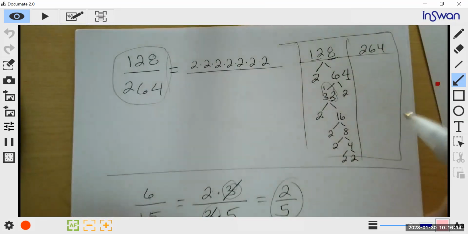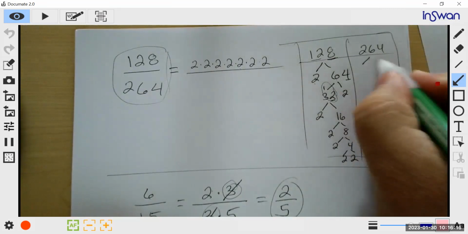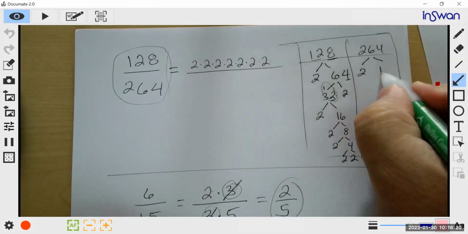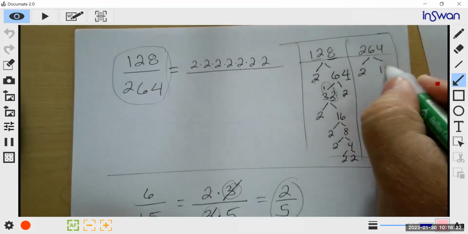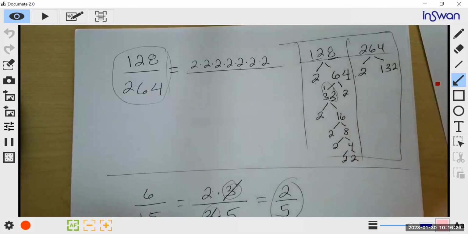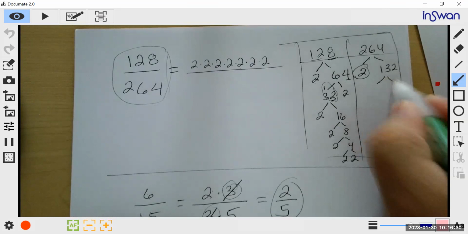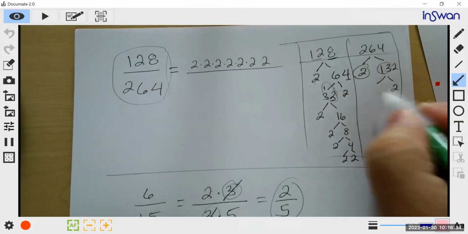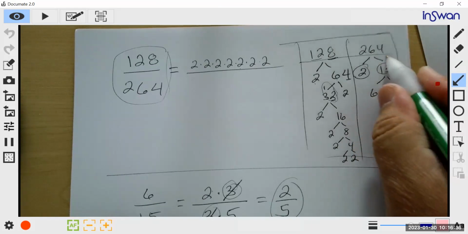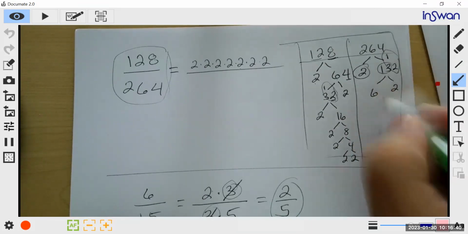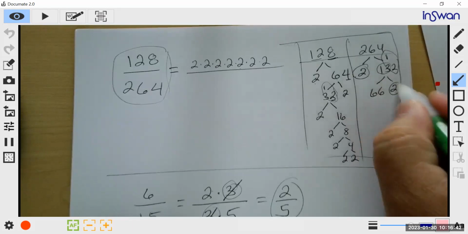Now get to 264. 2 goes into 2 once. 2 goes into 6 3 times. 2 goes into 4 twice. There's 1 2. 2 goes into 13 6 times with 1 left over. 2 goes into 12 6 times.